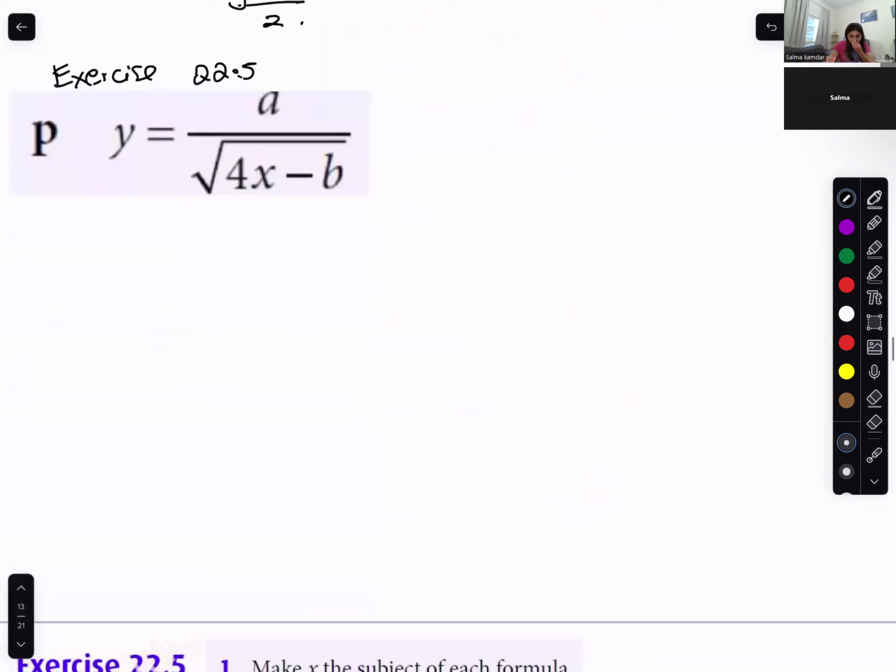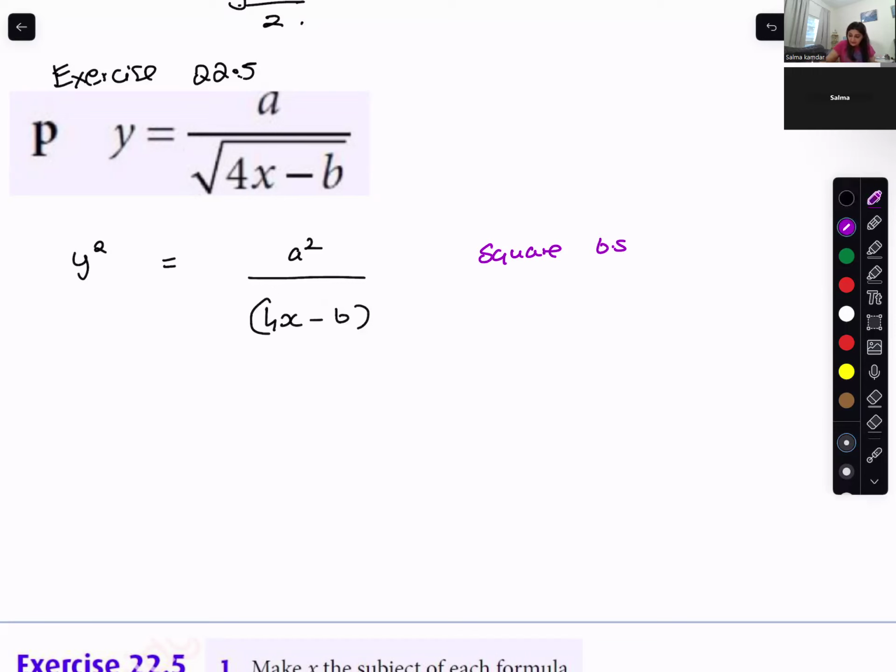Let's do the P1. I want to make x the subject. So the first thing I will do is square both the sides. So this will become y square is equal to a square over 4x minus b. After I square both the sides, I can multiply both sides by 4x minus b.